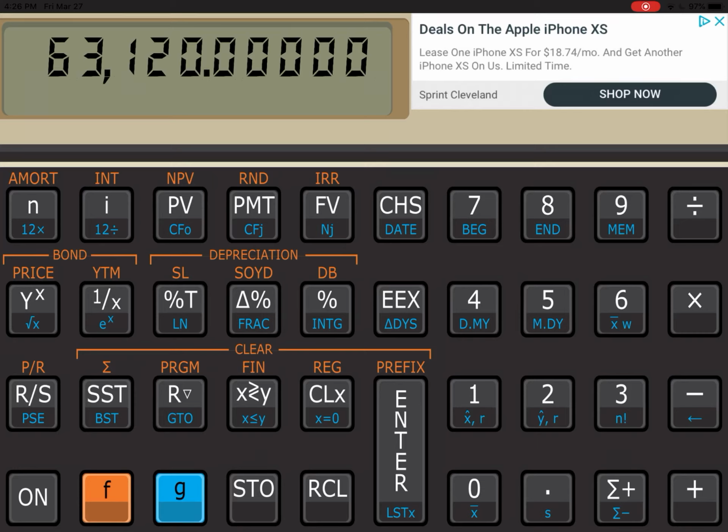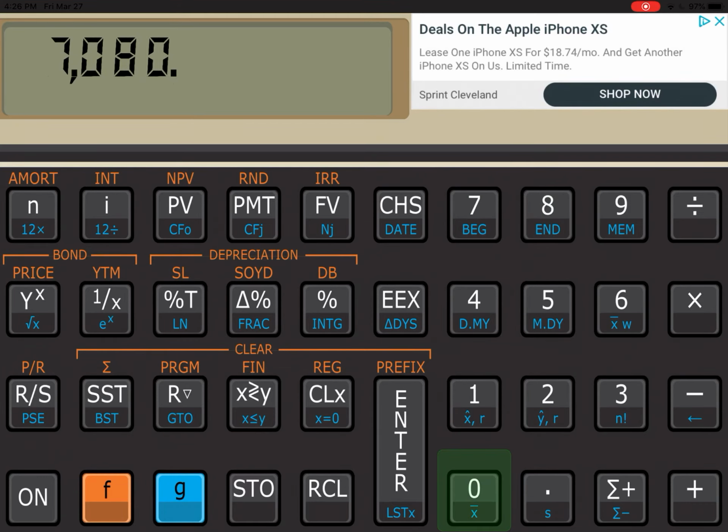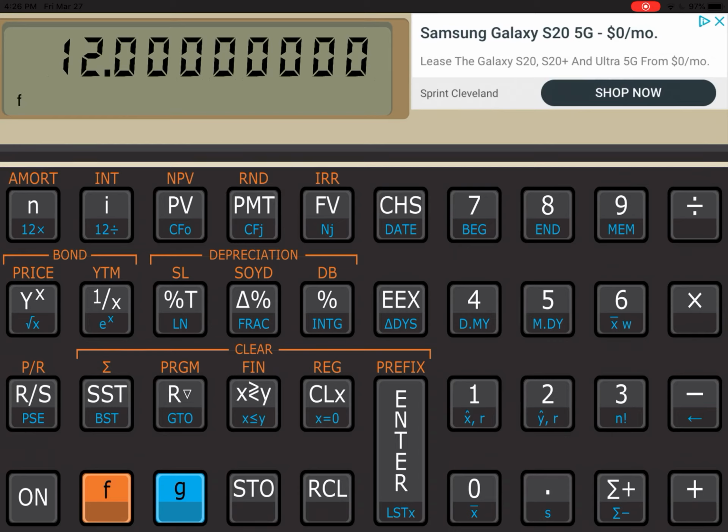Our cash flow number 2 is 70,800, G, CF sub J, and our cash flow number 3 is 91,080, G, CF sub J. At that point we need to input 12 as our discount rate, so 12 and then I. Then all that's left to do is to press the F function key and the NPV key, and we wind up with 12,627.41.